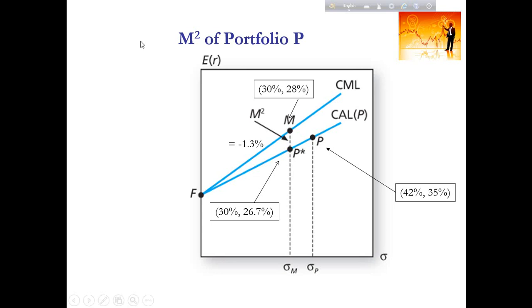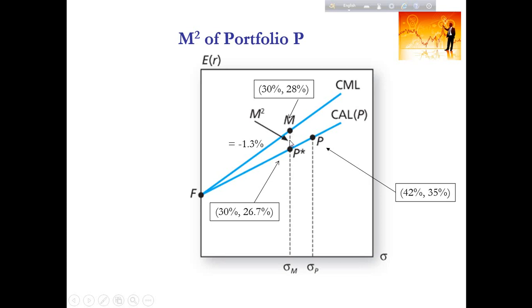So we move P back down to this capital allocation line, combining it with the risk-free rate such that it has the same standard deviation as the market. Our M-squared measure is just the difference between these two.